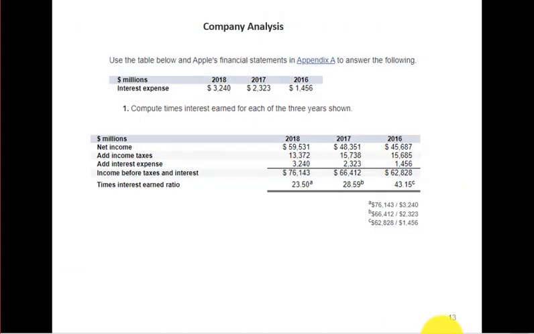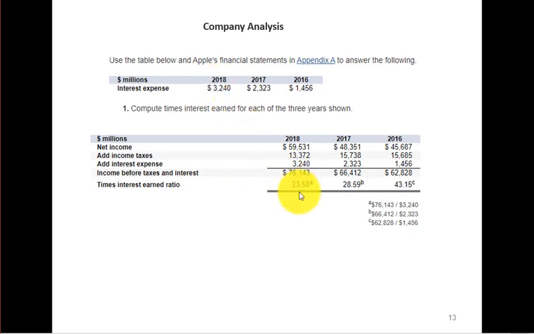And then we have another company analysis using the table below. This is for Apple. We've got the following interest expense, and we've got this information for the net income. Add income taxes, add interest expense, and come up with income before interest and taxes of 76,143.